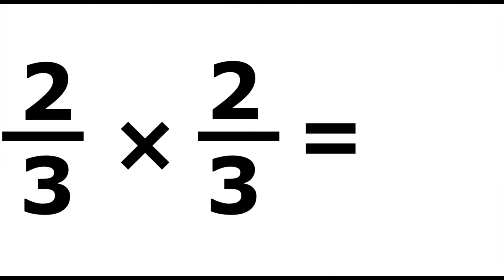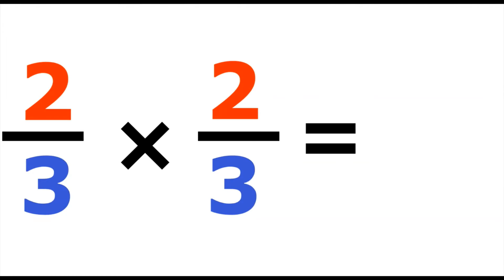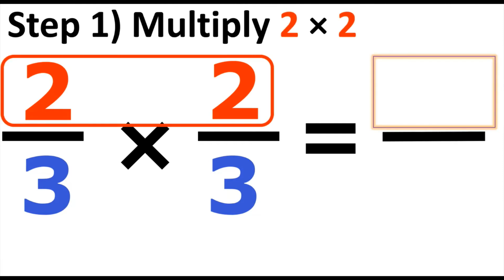On to our second example. We have 2/3 times 2/3. Again, we're going to indicate the numerators in red and the denominators in blue. So step 1, we multiply the 2 from the first numerator and the 2 from the second numerator, and 2 times 2 gives us 4.